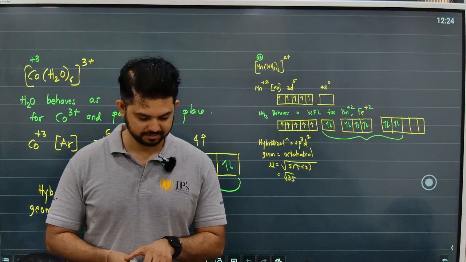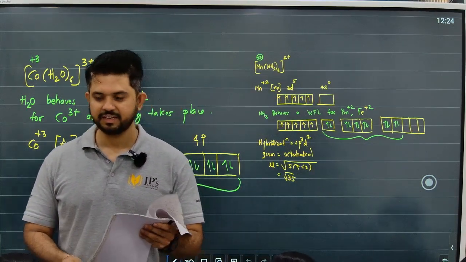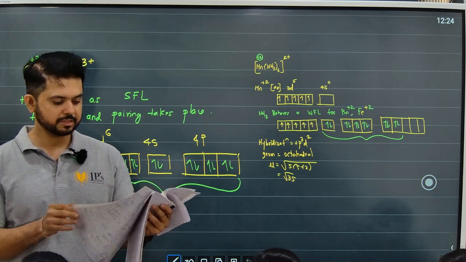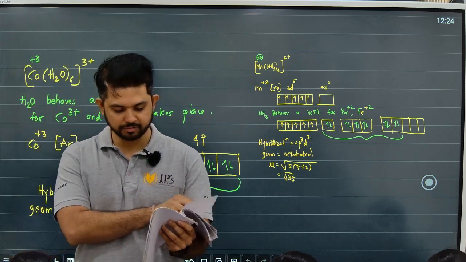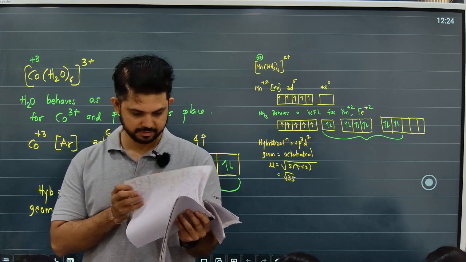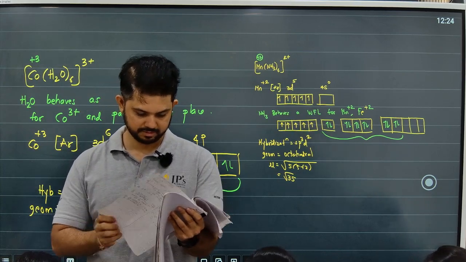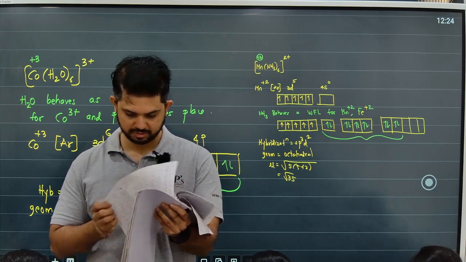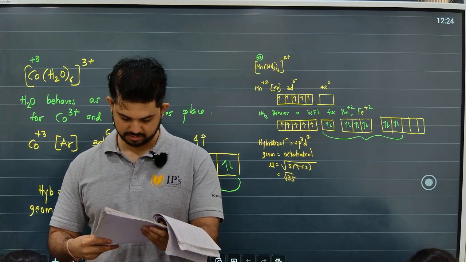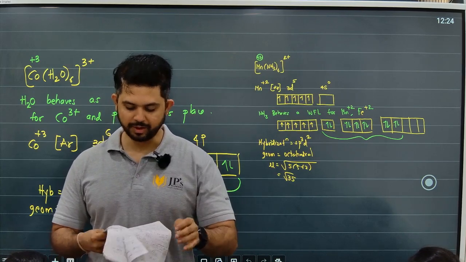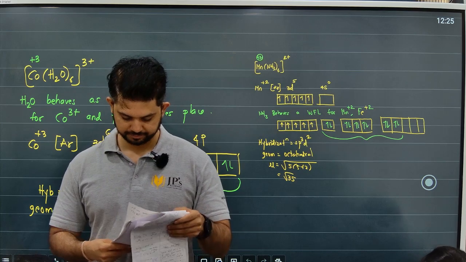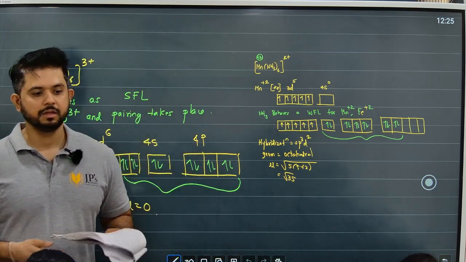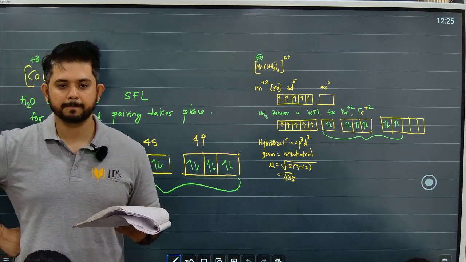Please write down. We'll start by writing limitations of VBT. Limitations, drawbacks of VBT. First point.